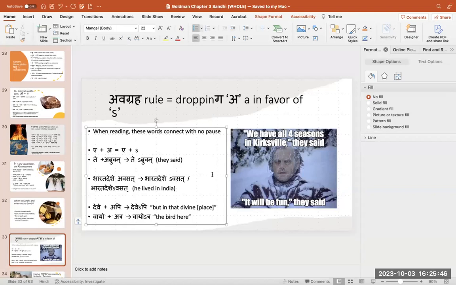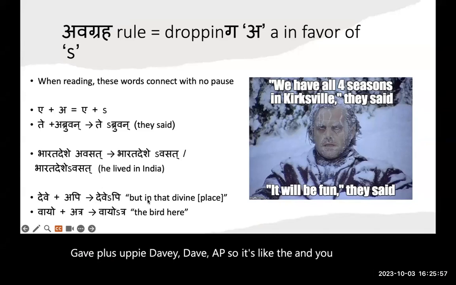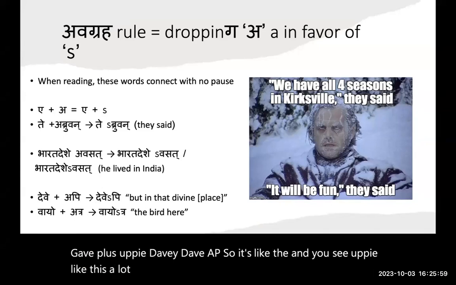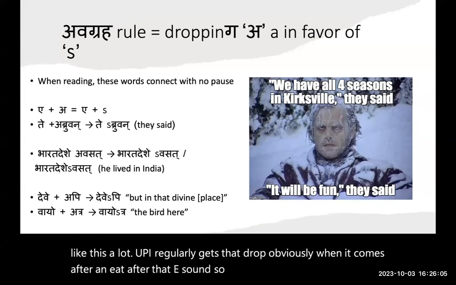So here in the Guy Levitt examples, we'll see deve plus api, devepi. So it's like and. You see api like this a lot. Api regularly gets that A dropped, obviously when it comes after an E sound. So devepi.